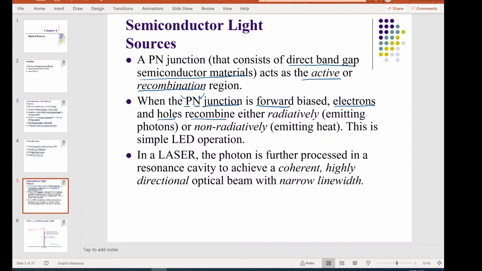They will recombine, and it could be either radiatively, which means it emits photons, or non-radiatively, which means it doesn't emit photons but instead we have heat involved. And this is basically a simple LED operation.